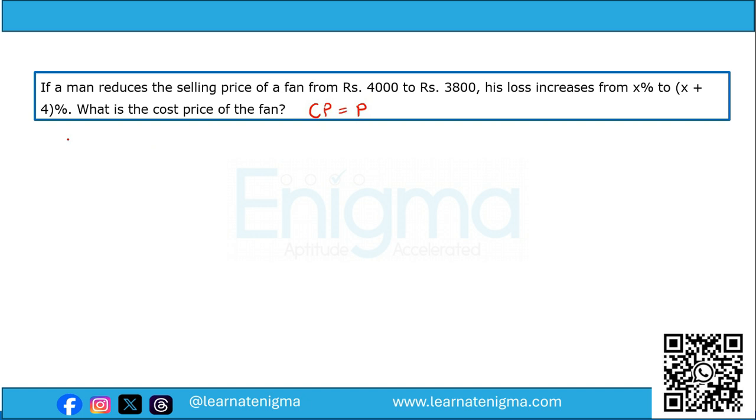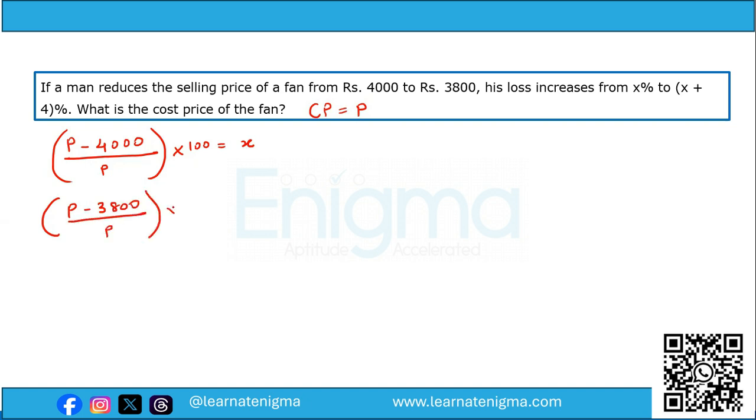So, our equation becomes (P minus 4,000) upon P into 100 is equal to X. The second equation becomes (P minus 3,800) upon P into 100 is equal to X plus 4.